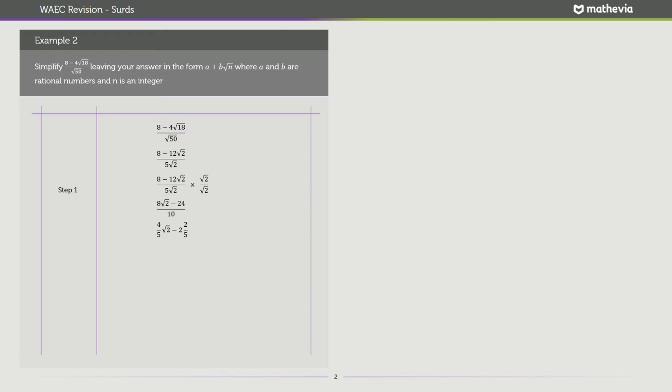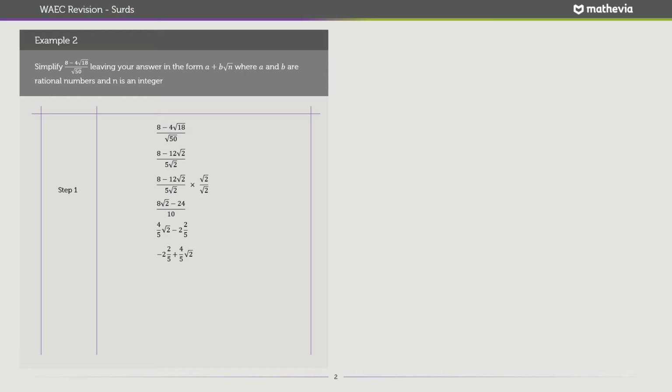And then, quite simply, when you simplify that out, you end up with 4 over 5 root 2 minus 2 over 5. Then we're just going to arrange this so the whole number is in front, because we're trying to get it to fit a plus b root n.